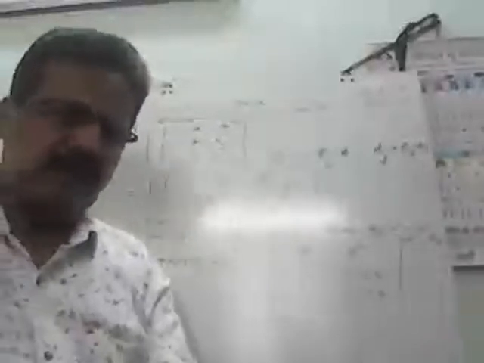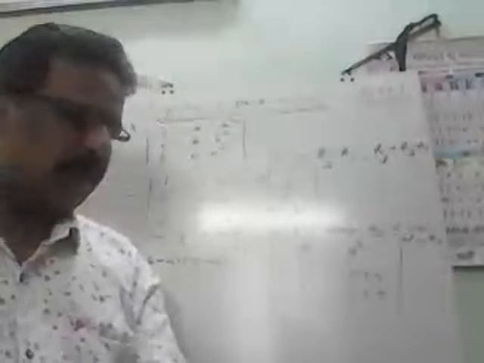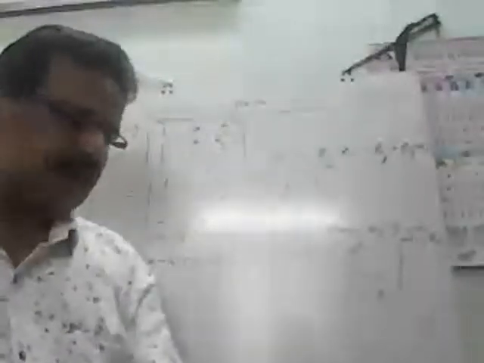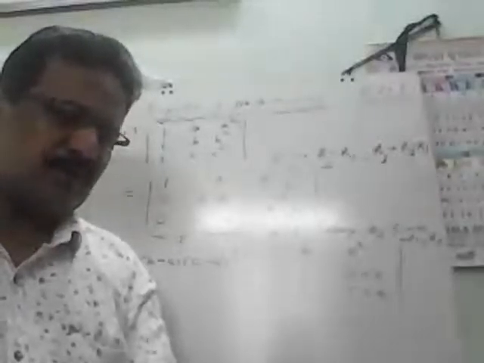Remember, after getting two zeros along a row or a column, you can expand. Now expand the determinant along column number 1. If you expand, your result is b minus a into c minus a.